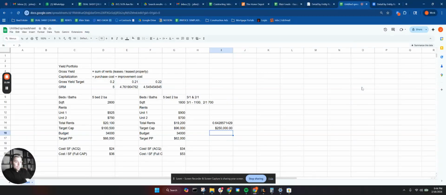So bigger units are just more expensive to turn over, and I would rather have a smaller unit that's cheaper to turn over and give up 50, $70 a month in rent than, like I said, in this deal, have this massive potential for heavier turnovers and expensive repairs to address deferred maintenance.